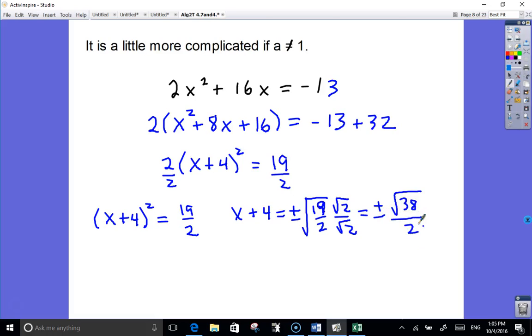And then you still haven't finished solving until you subtract 4 from both sides. So x equals negative 4 plus or minus the square root of 38 divided by 2. Okay, and remember, I can't divide the 2 into 38 because the 2 is not inside the radical. So that's completing the square. That's what the process is.